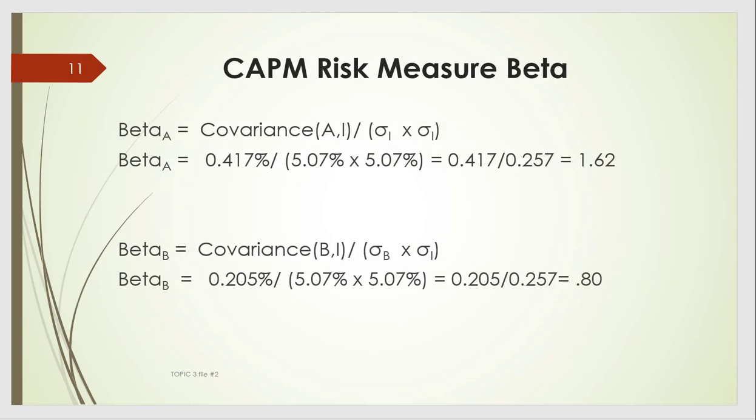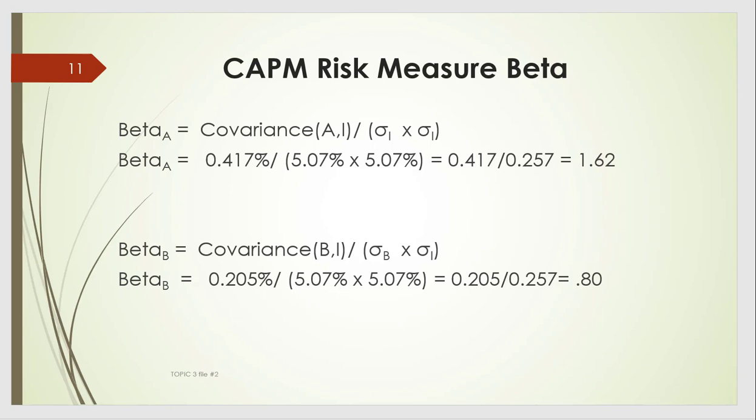So let's take a look at that beta measure. And the beta measure is simply the covariance divided by the variance of the index. I made a note that the variance of the index is the standard deviation of the index times the standard deviation of the index. So the beta for A is 1.62. We said in file that a beta of 1 is exactly as risky as average.